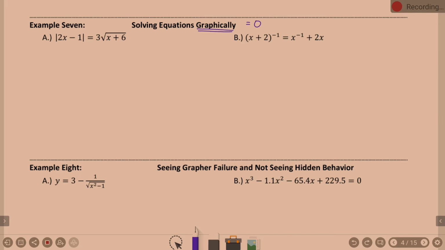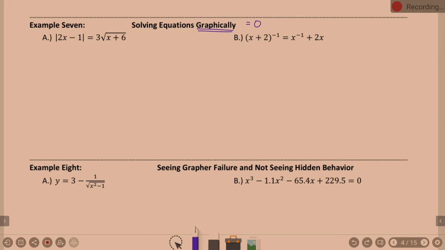So with this in mind, A, the absolute value of 2x minus 1 equals 3 times the square root of x plus 6. How do I make that equal to 0 on the right-hand side? All of this right here has to move to the left. Right now, it's 3 times the square root of x plus 6.